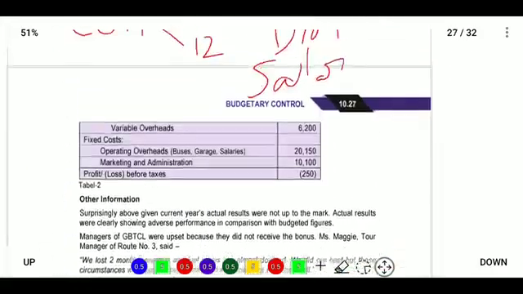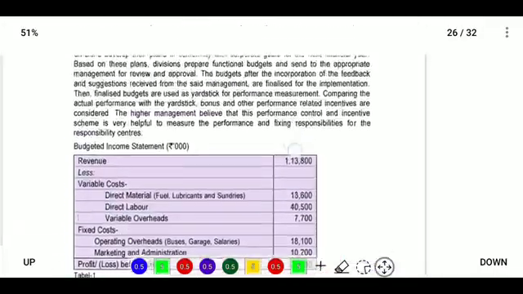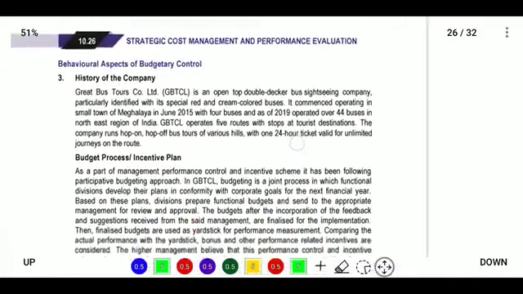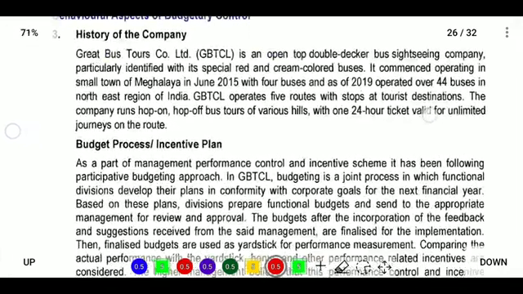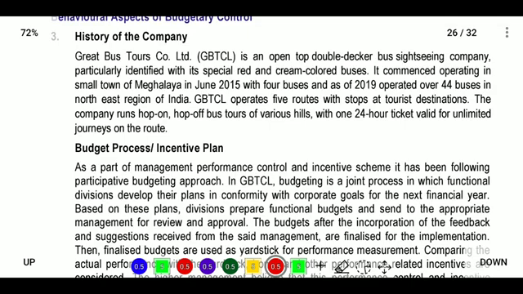Now question number 3. What is there in question number 3? The history of the company. The Great Bus Tours Company Limited is an open top double decker bus sightseeing company, particularly identified with its special red and cream colored buses.